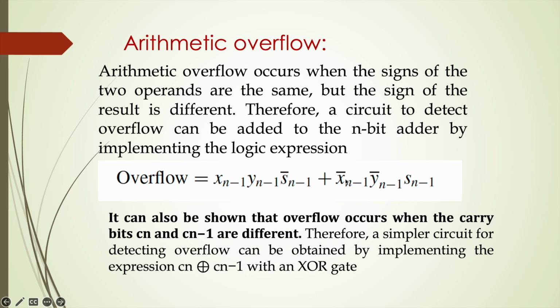Or if X and Y are negative and the sign bit is positive, then also you can understand that overflow occurred. You can also calculate whether there is overflow or not by using a carry XOR operation between the carry at nth position and the carry at n minus 1 position.